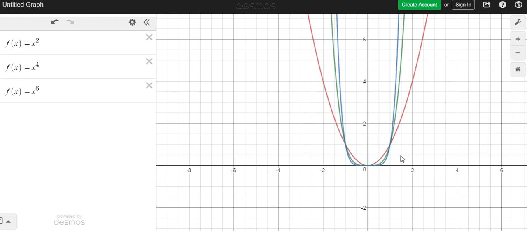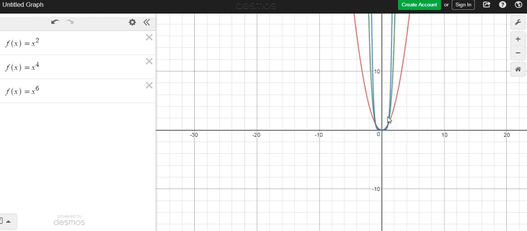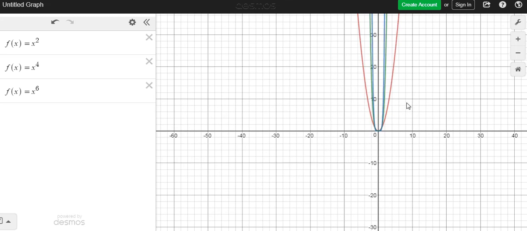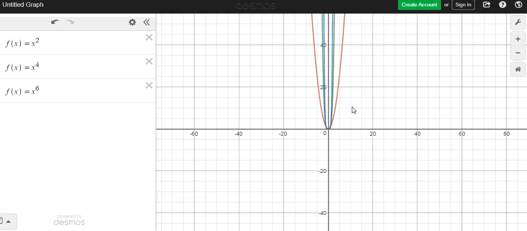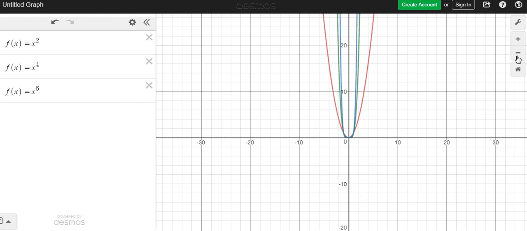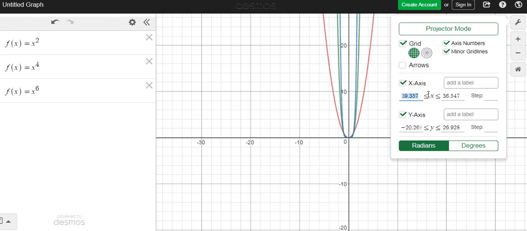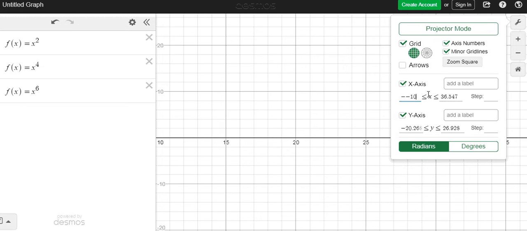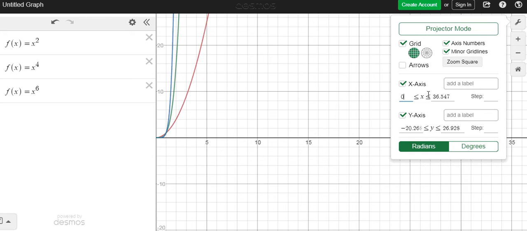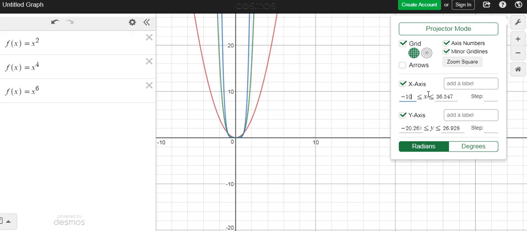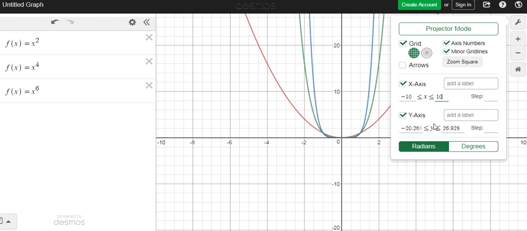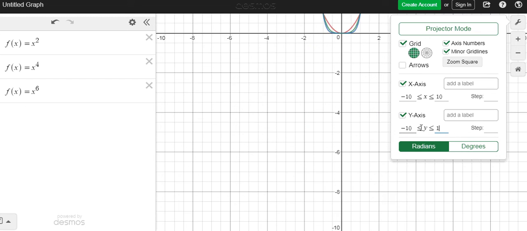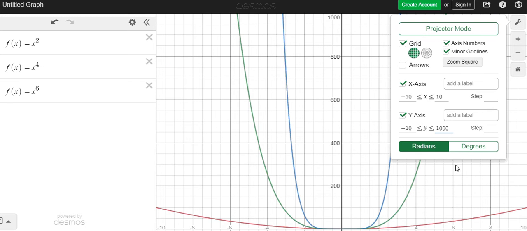Now, check this out. Now you see the behavior. If you zoom this out really wide, now, let's do this. If we go negative 10 to positive 10 on that, and on this one, we'll do negative 10 to 1,000.